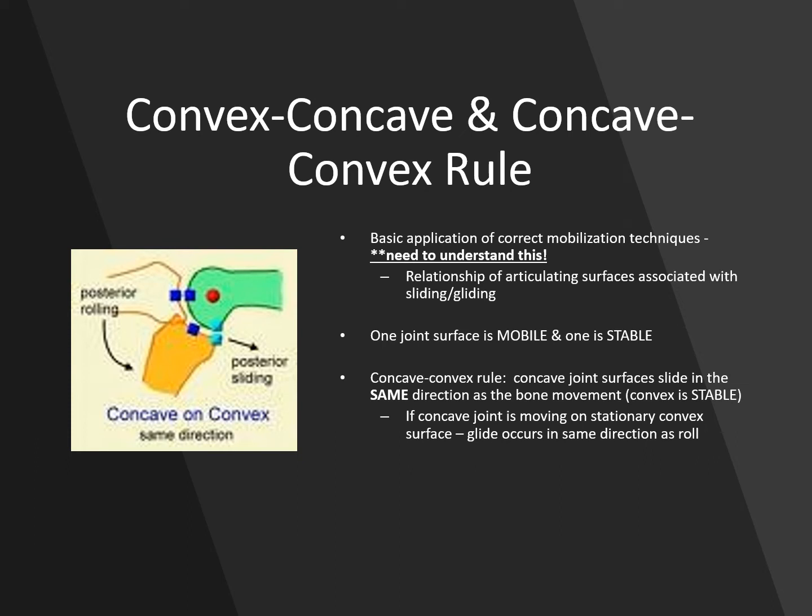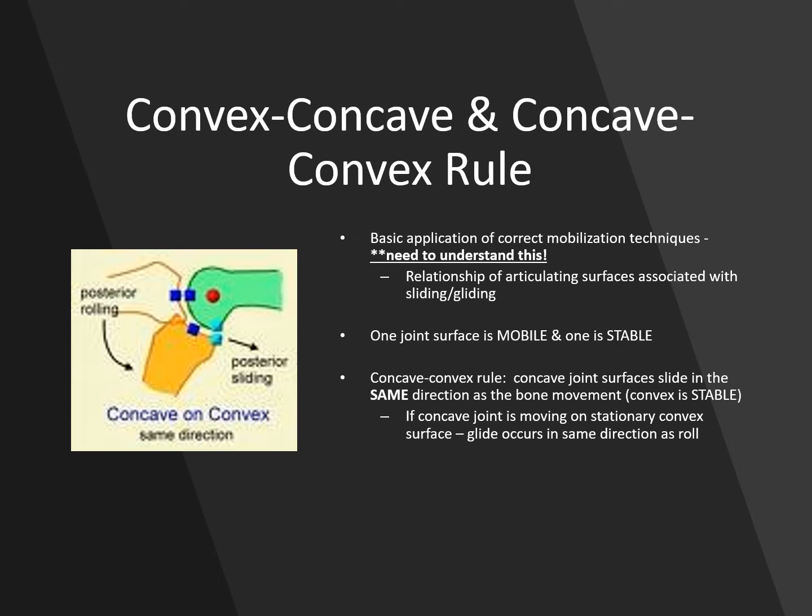When we are asked in the exam to define convex-concave, you can tell both parts of the rule, when convex is moving and when concave is moving. So don't get confused. This rule is very important if you really want to apply mobilization techniques correctly on the joint.